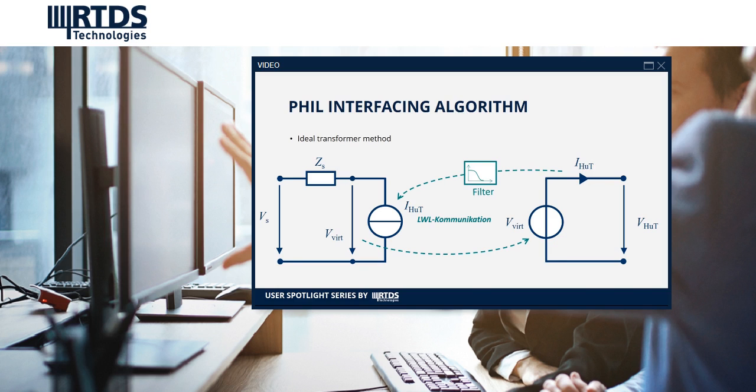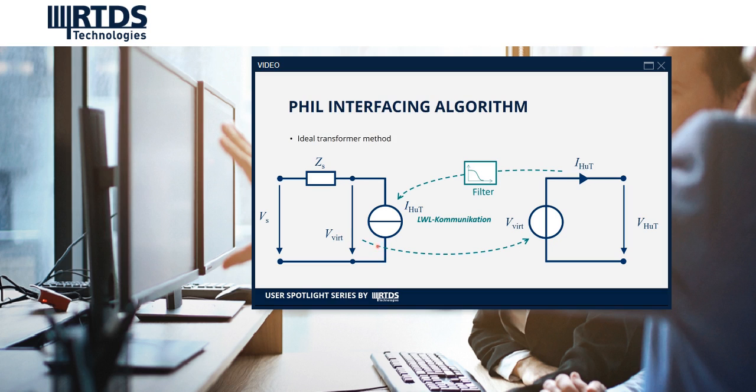Well, to explain briefly the interfacing algorithm, the ideal transformer method, let us assume the left part to be the connection to the model and the right part to be the connection to the hardware. As I already mentioned, in the virtual part, at the bus where the power hardware in the loop, the PV system, will be connected, the voltage is measured, which I will call V virtual, because it is a simulated grid voltage.